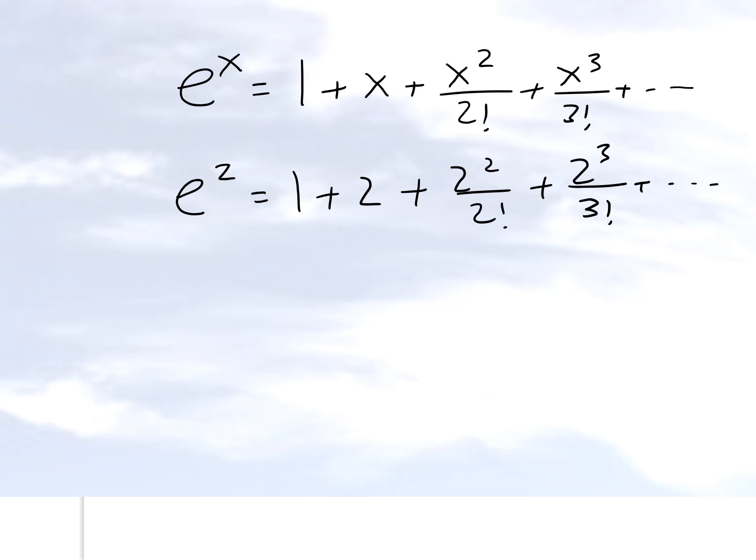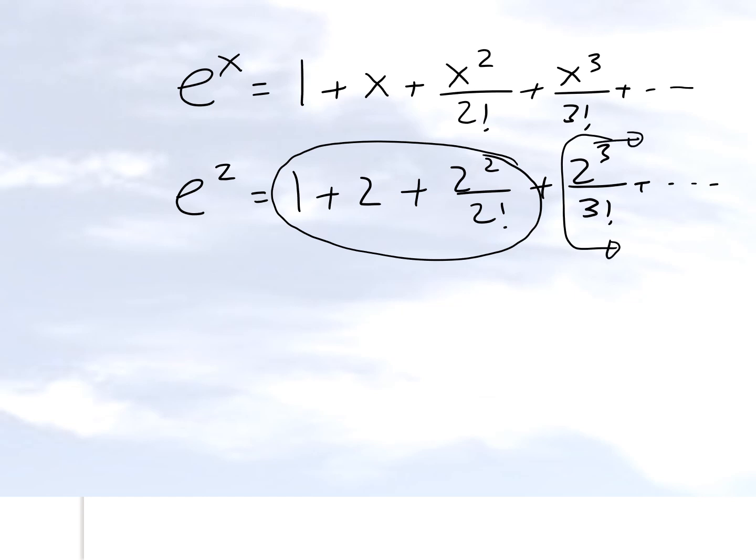But if I was going to calculate e to the power 2 by using this infinite Maclaurin series, then I would have to take only a finite number of terms. So let's suppose I say, hey, I'm going to take only the first three terms of the series to calculate e to the power 2, then whatever is left over right here is the truncation error.